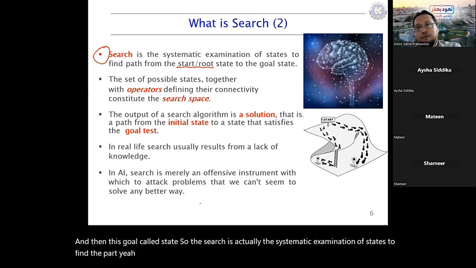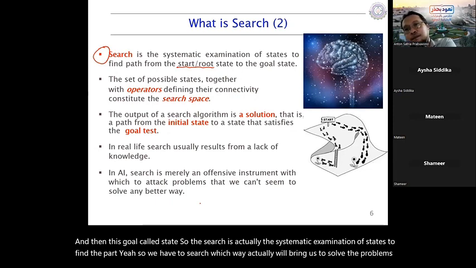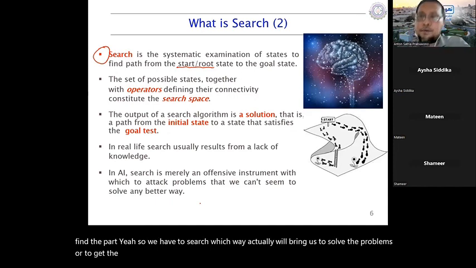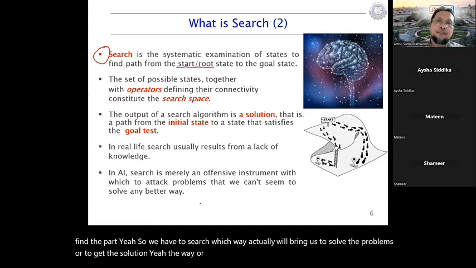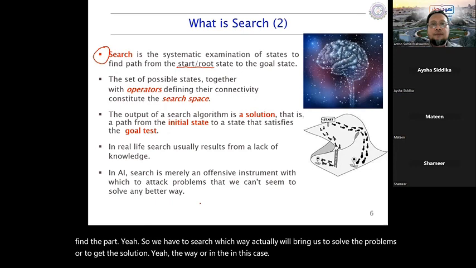So we have to search which way will bring us to solve the problem or get the solution, the way out.